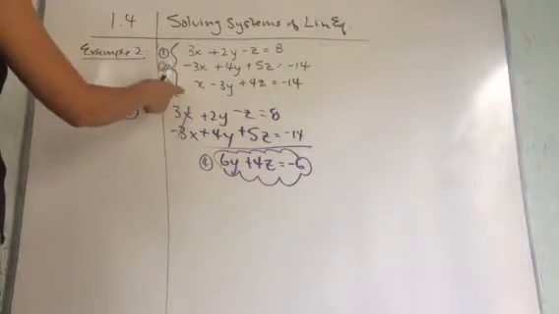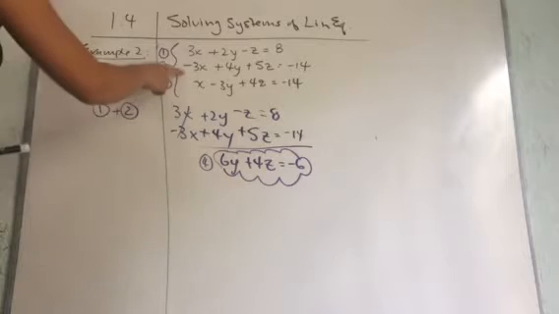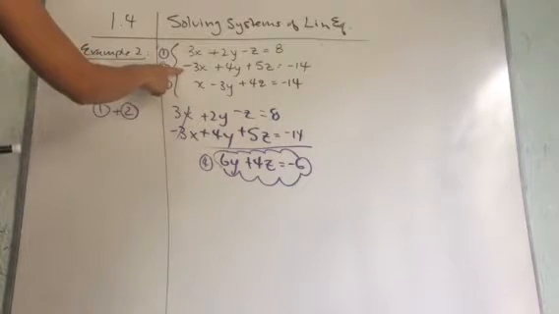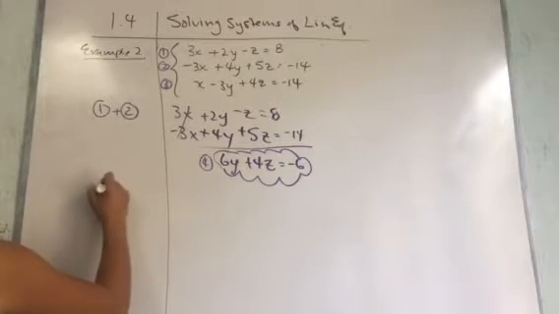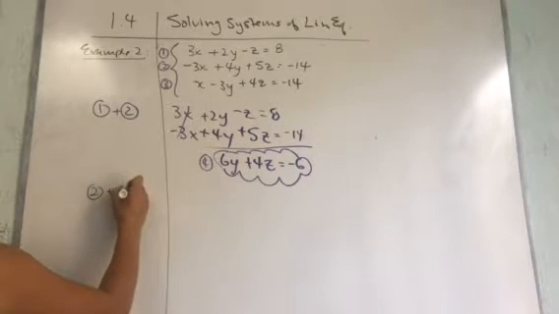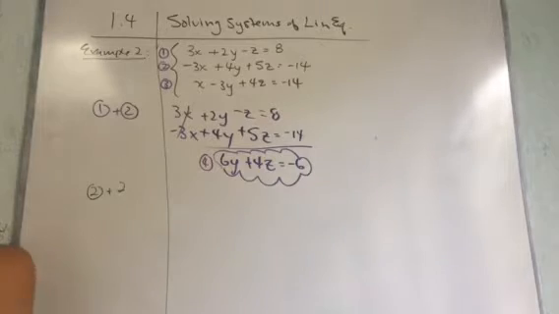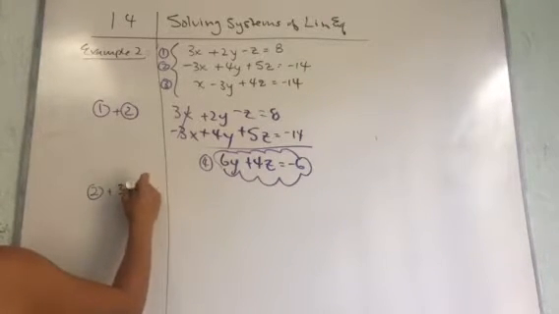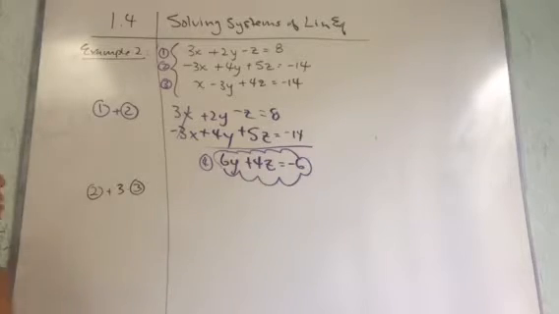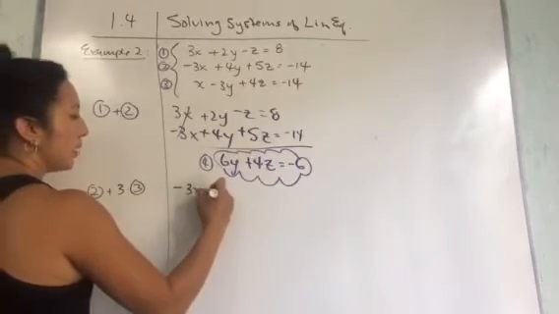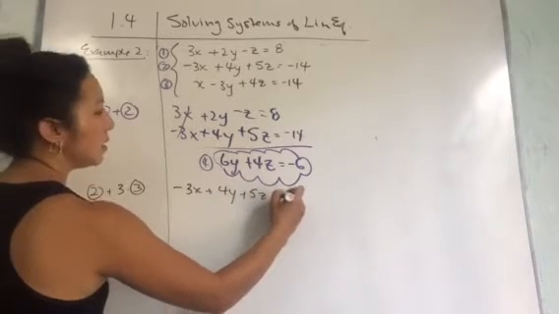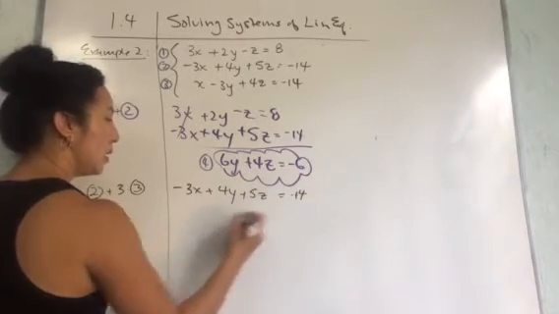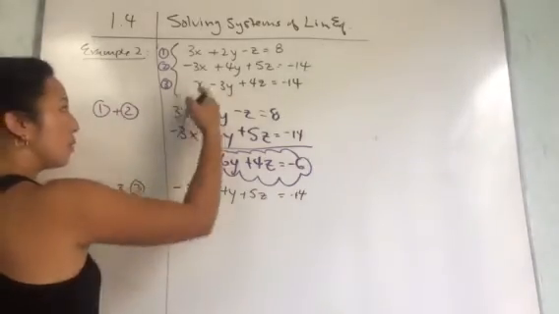I'm going to use equations 2 and 3, and because this is already negative, all I have to do is add it to 3 times this equation. So I'm going to take equation number 2 and add it to 3 times equation 3. I have negative 3x plus 4y plus 5z is equal to negative 14, and I'm going to add it to 3 times equation 3.